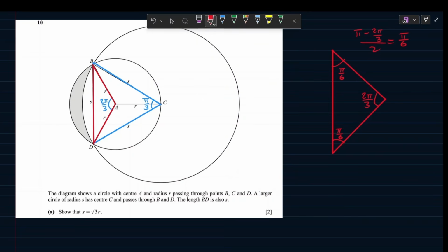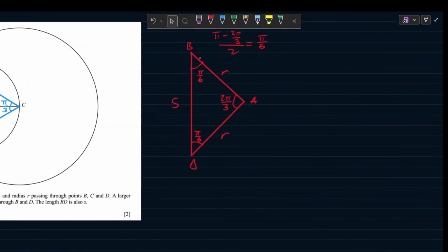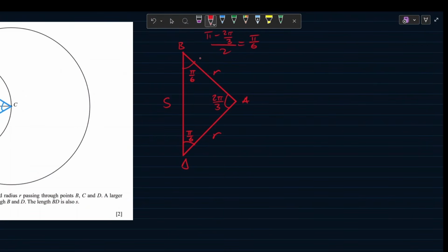That's pi over 6. We know that since this is A, B, D, AB is R as given in the diagram, and AD is also R, and then BD is S. So we can use the sine rule here and say that I know the length S corresponds to the angle 2/3 pi.